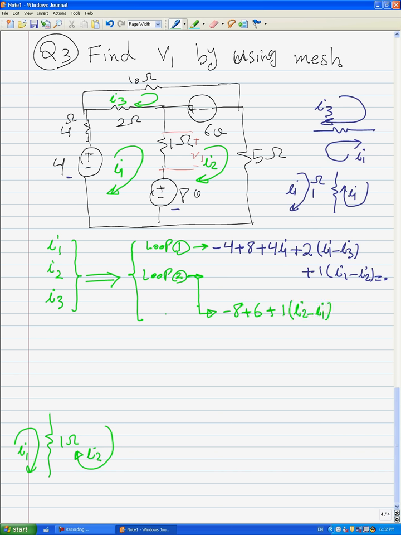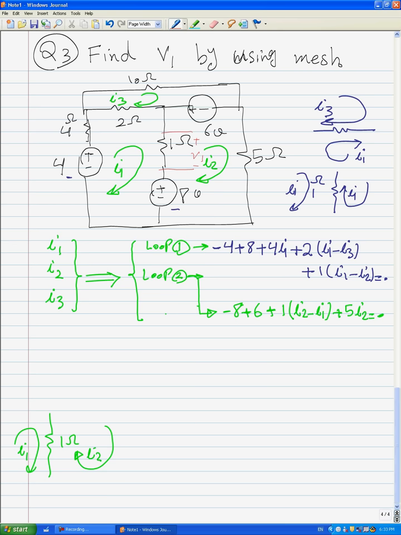And the voltage across the 5 ohms should be only 5 times I2, equal to 0. Once again, for loop 2 we have minus 8 plus 6 plus 1 times I2 minus I1 plus 5 I2 equal to 0.